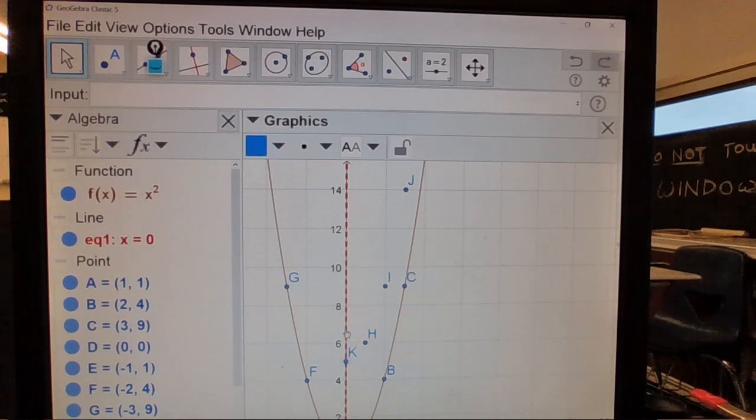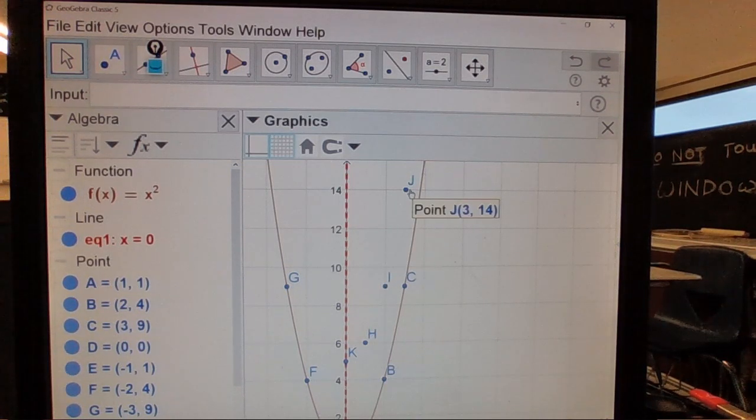Is my axis of symmetry still that line right there, the y-axis? So then this ordered pair of H, I should also have (-1, 6). This one here, it's (2, 9), it should turn into (-2, 9).